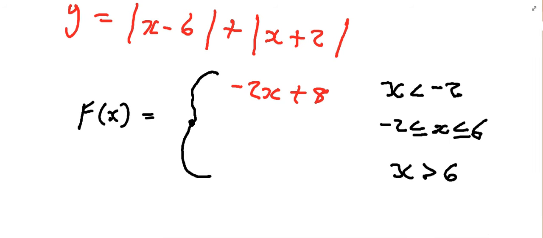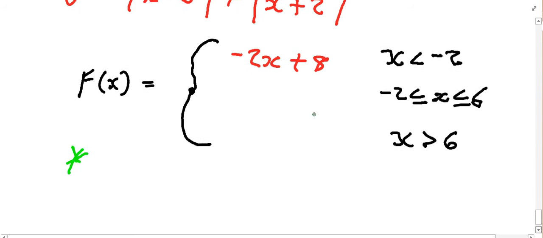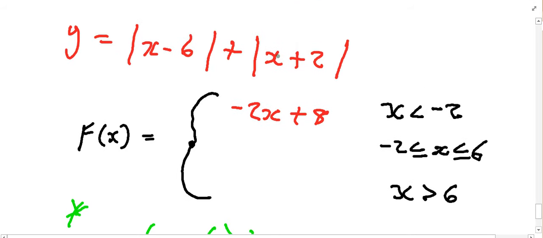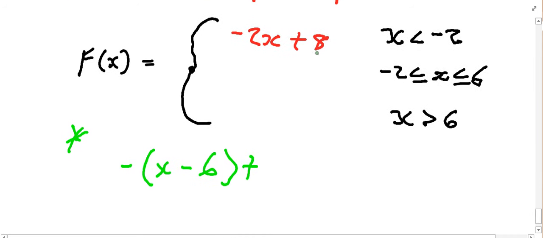Okay, so let me quickly do it for you. So there you're going to find that you're having a negative. So since it is a negative, you're going to get the part which is the negative. So it's going to be negative x minus what? 6 plus. So if you get a 0 and plug in on the above guy, it's going to be positive. So you're going to get the part for the positive, so no need of adding a negative there.